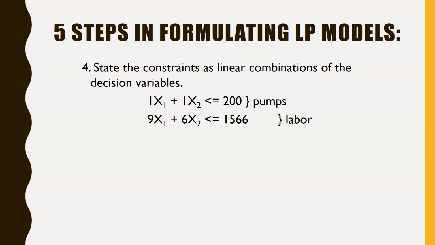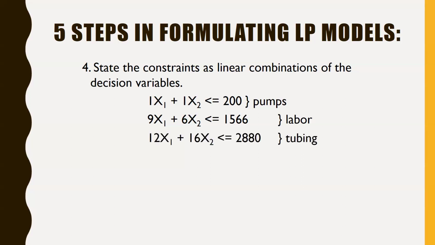The second condition, the labor time. The labor time limit is 1,566. If you produce an apostrophe, X1, it takes 9 hours, so 9 multiplied by X1. For hydraulic, 6 hours multiplied by X2. And the total should be less than or equal to 1,566.